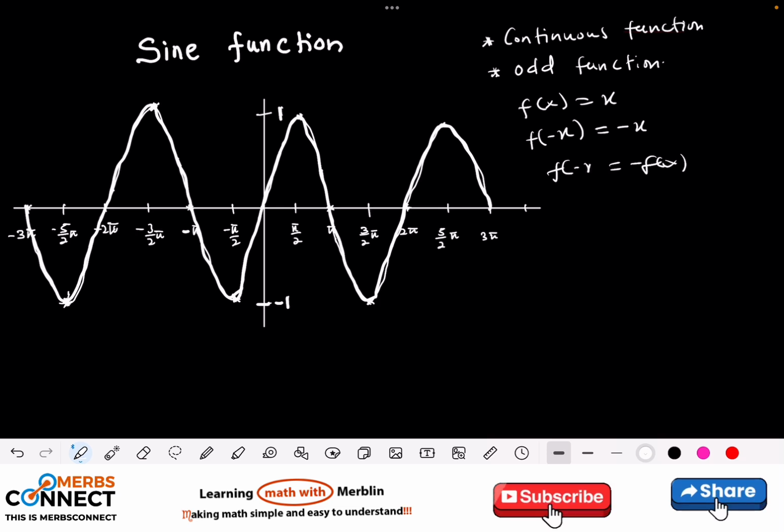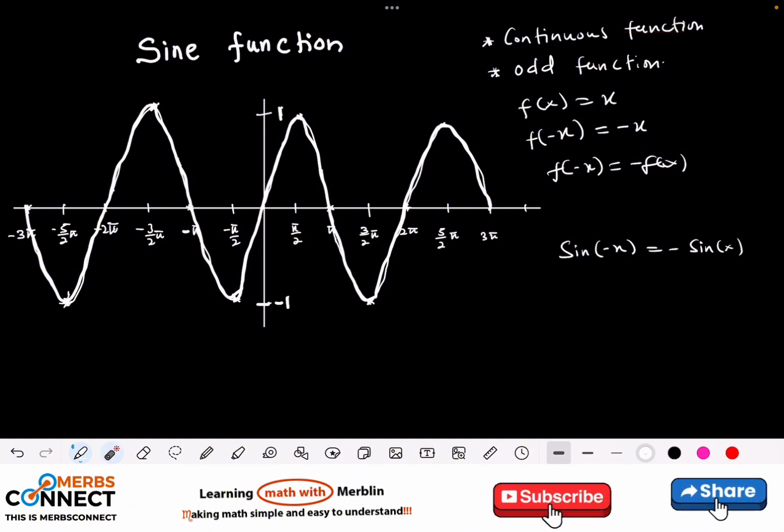So f of minus x is equal to minus f of x. That's the idea of saying that sine is an odd function. It means that sine of minus x is the same as minus sine x.